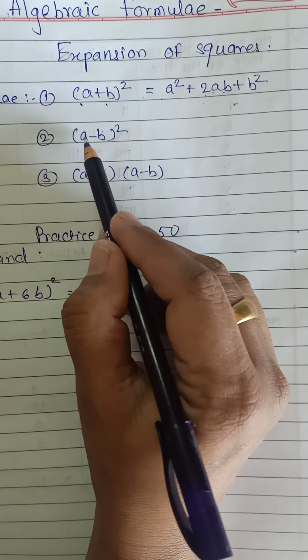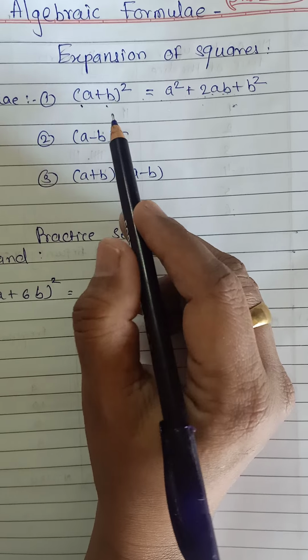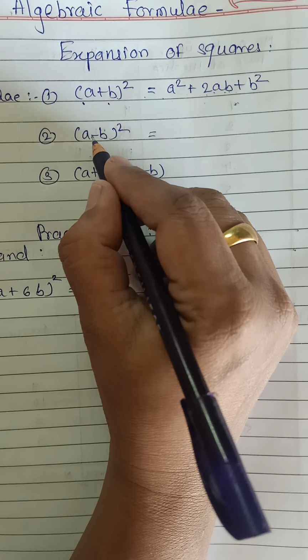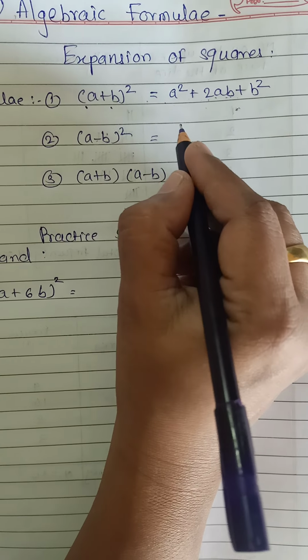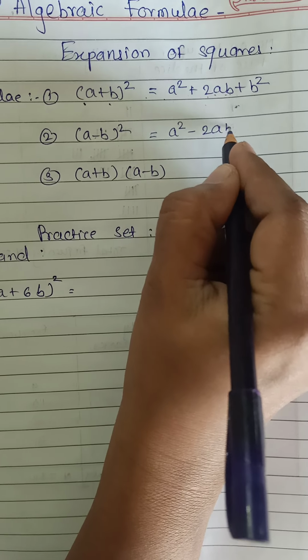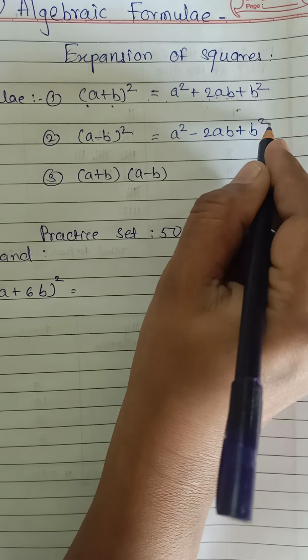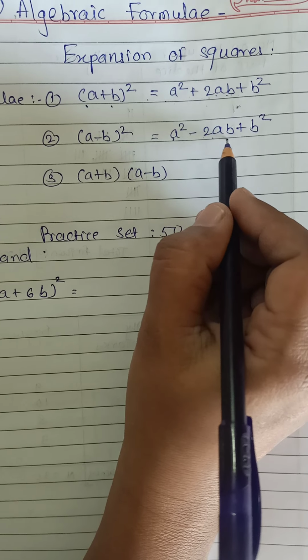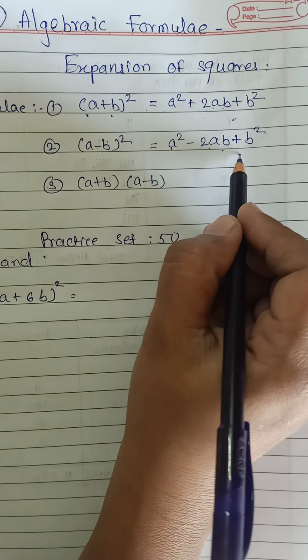In the same way, (a - b) the whole square we have to do. It will be the same formula, only the middle sign will be minus as it is a minus b. So the expansion is a square minus 2ab plus b square, that is the first term square minus 2 into first term into second term plus second term square.